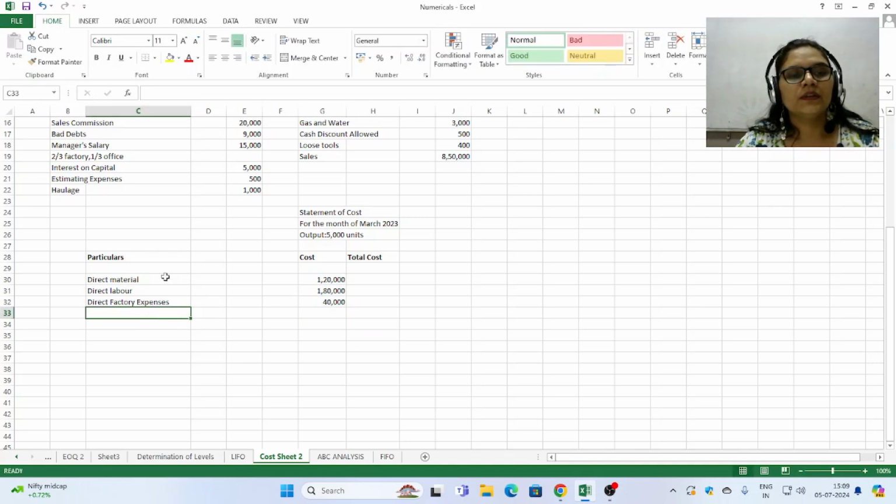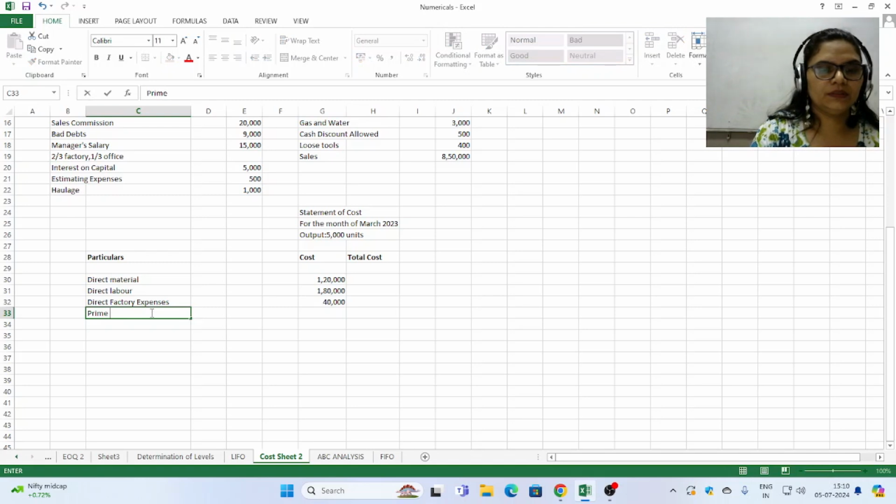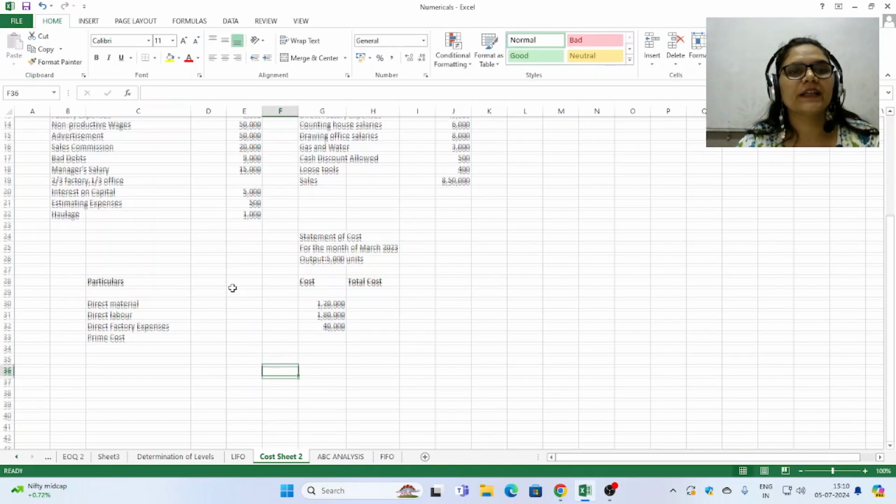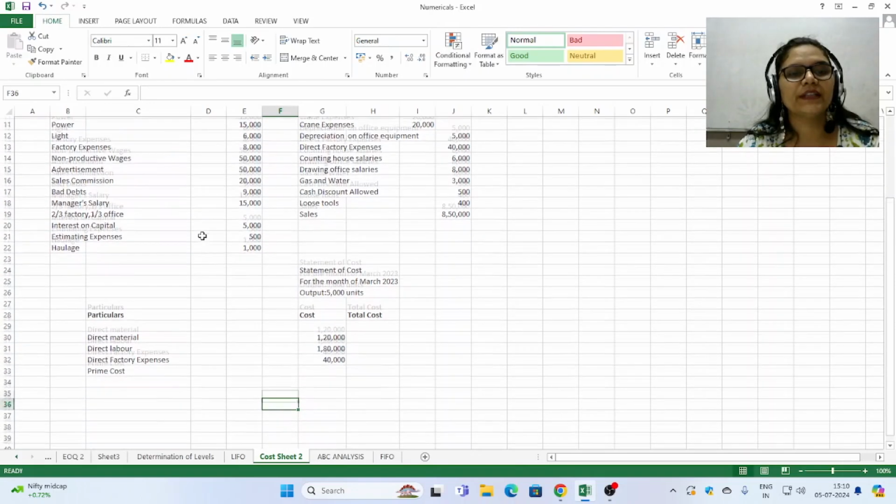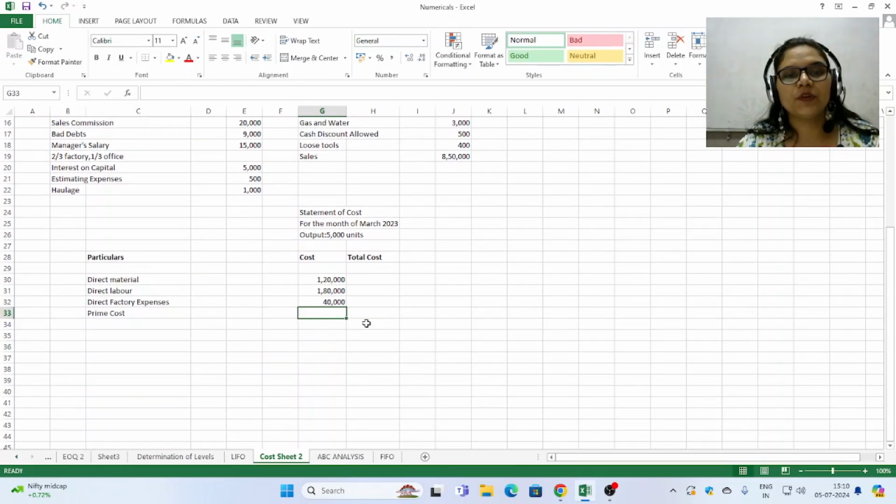Now, we know prime cost is the summation of all the direct expenses. So we will write over here prime cost. As we are clear that no direct expenses are left to be recorded in the statement of cost, prime cost will be 1,20,000, 1,80,000 and 40,000.